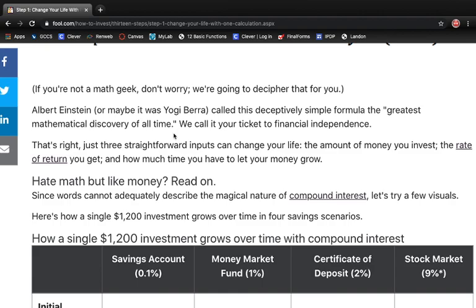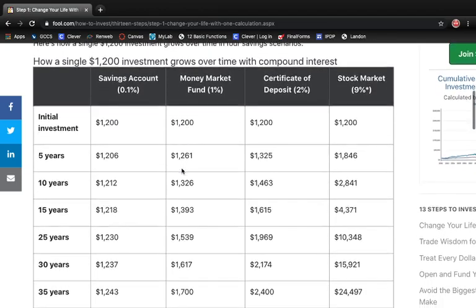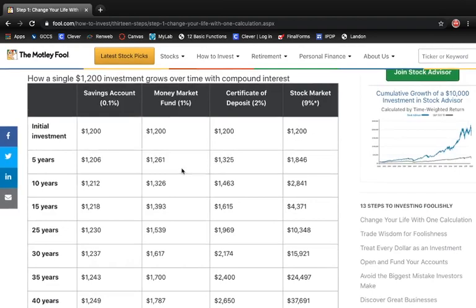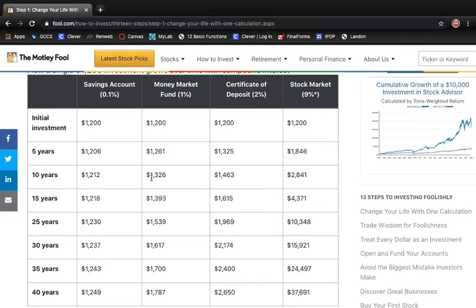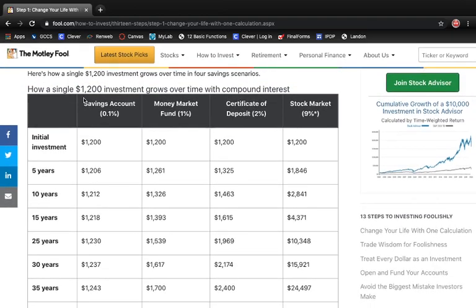So this is how a single $1,200 investment grows with compound interest. Compound interest is what we're talking about today. So if you invest a single $1,200 into an account, whether it be a savings account, money market fund, CD, or the stock market, they say traditionally it grows at 9%. Dave Ramsey says the stock market traditionally goes at 12% for the past 40 years. This probably includes the Great Depression, which kind of tanks it.